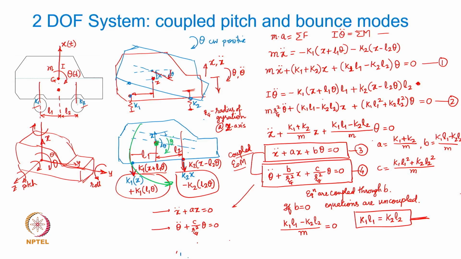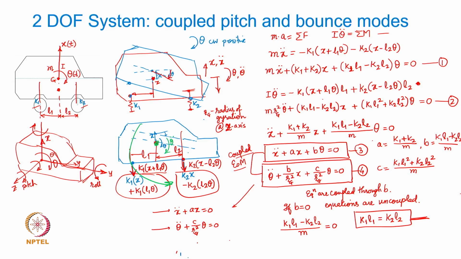Even in that case, the whole motion is going to be uncoupled, and whenever you disturb the car body vertically, it will continue to bounce if it is vibrating freely, and if you somehow disturb it by giving a tilt motion, it will continue to oscillate without bouncing, okay.